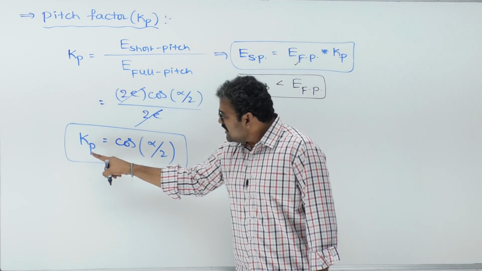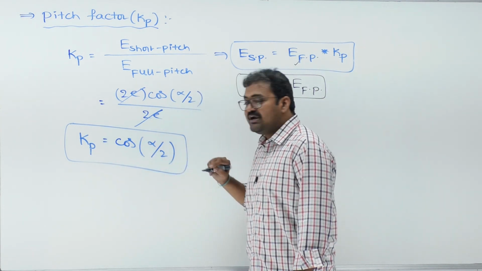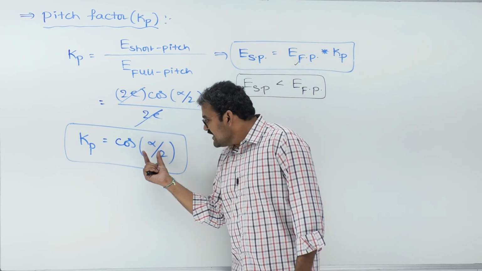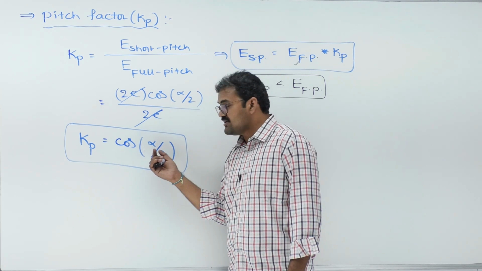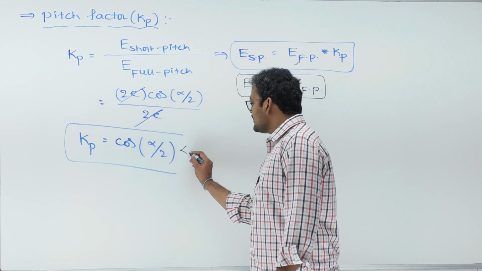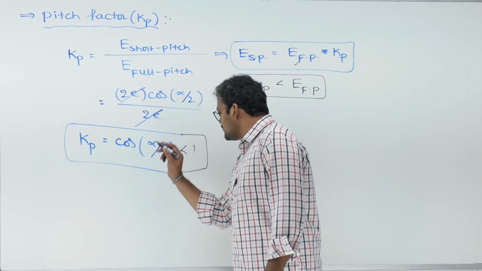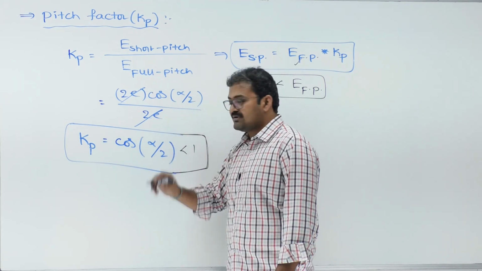Also, you see the pitch factor formula is cos alpha by 2. We know that cos of any angle except 0 degrees is always less than 1. That's why pitch factor is always less than 1.